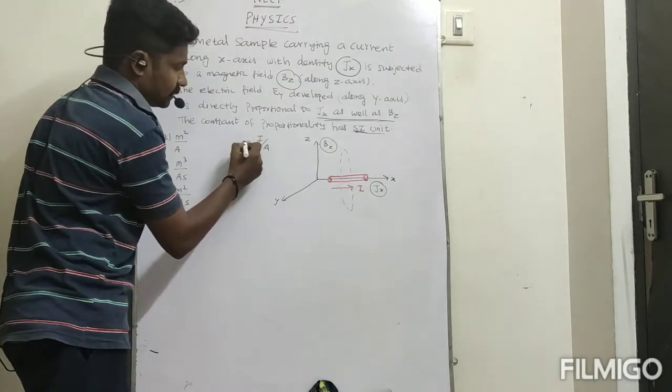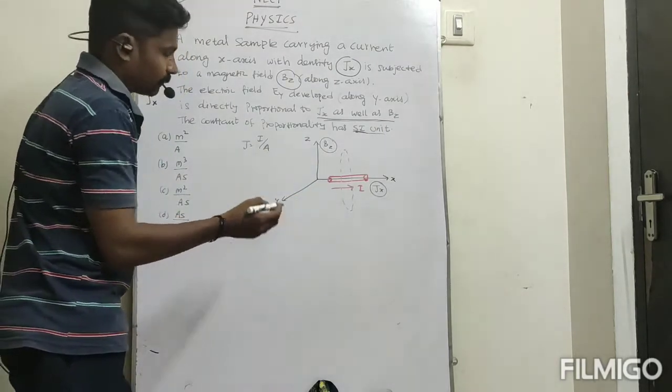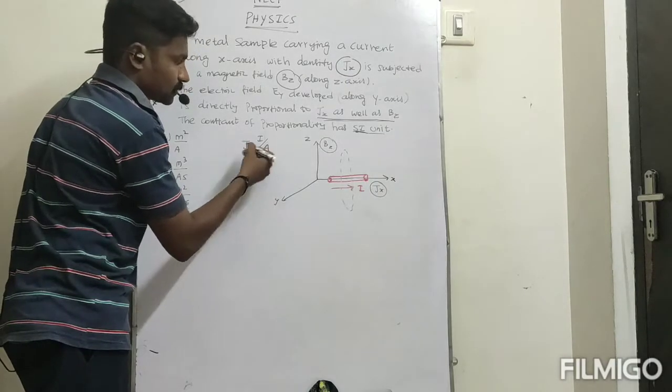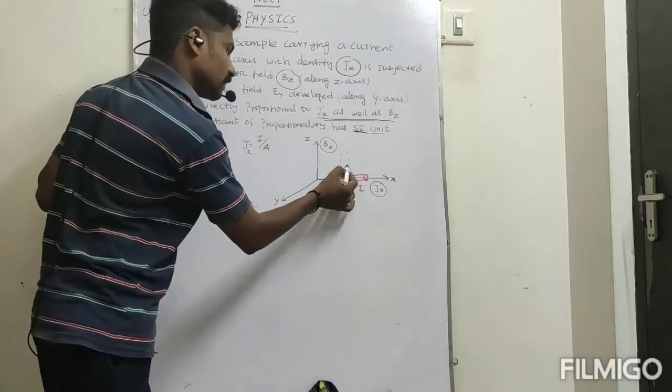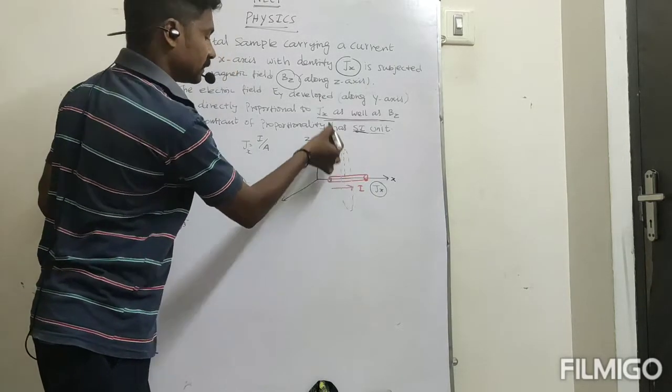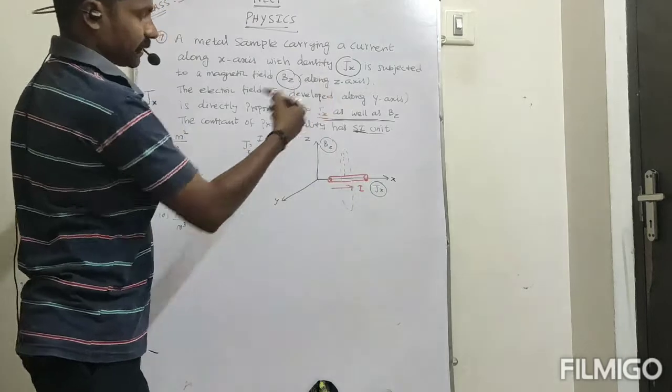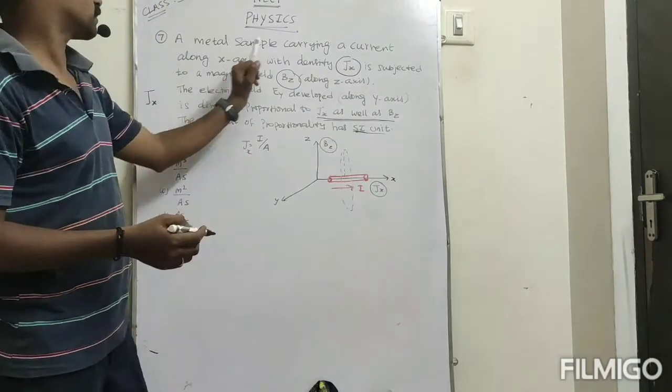This is along the x-axis, so I divided by A. The magnetic field here is perpendicular to the current direction. So this is the statement.